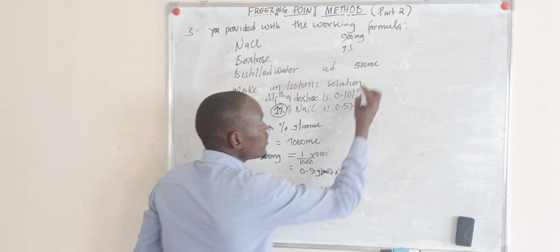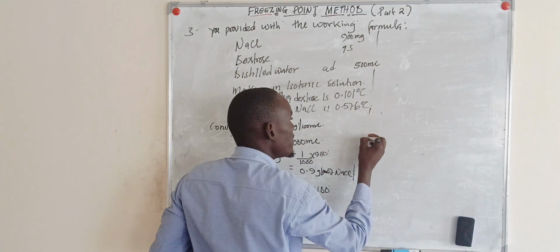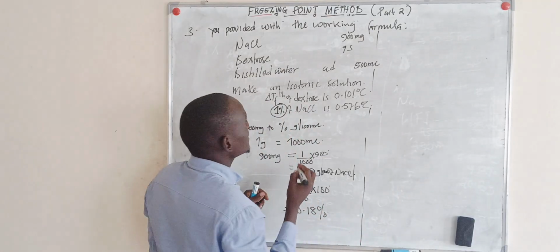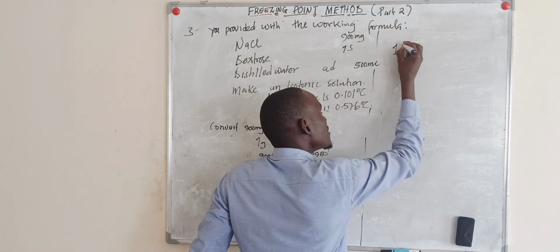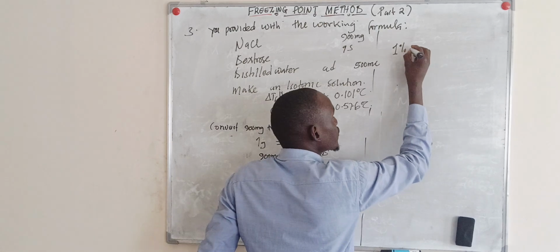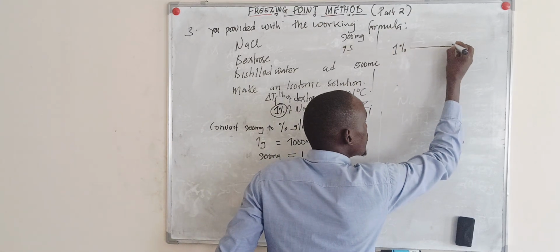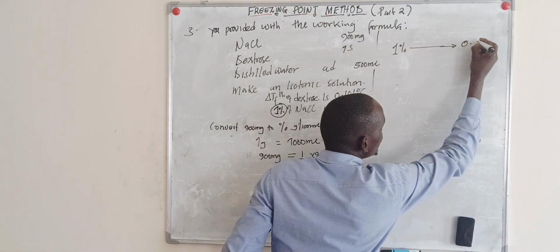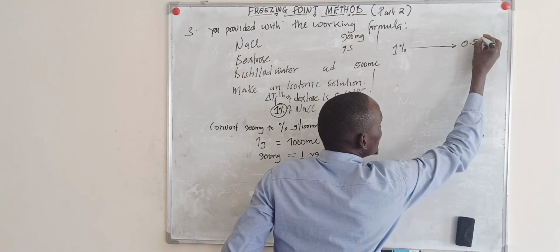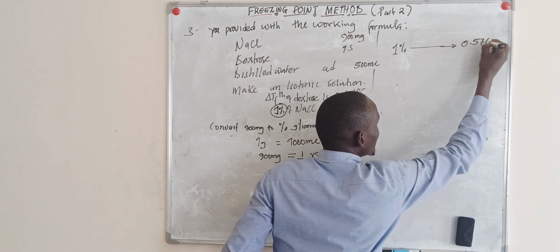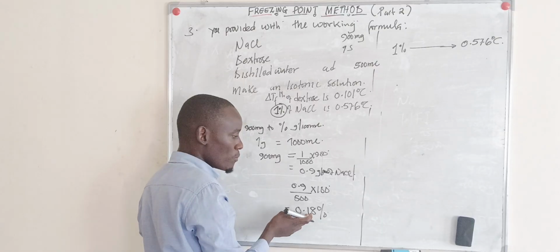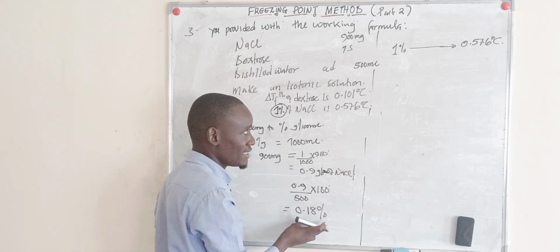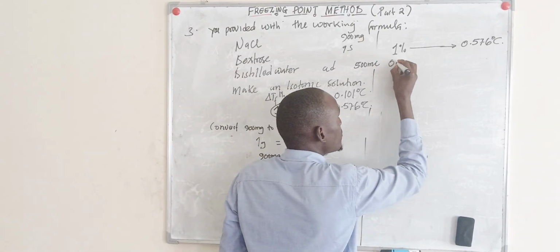But we already know from our previous examples that a 1% solution of sodium chloride produces a freezing point depression of 0.576 degrees C. Now, how about the 0.18%?